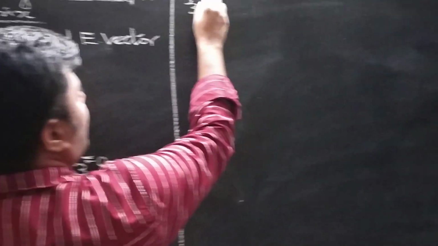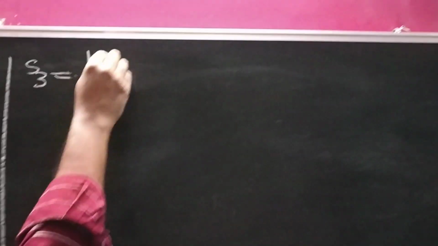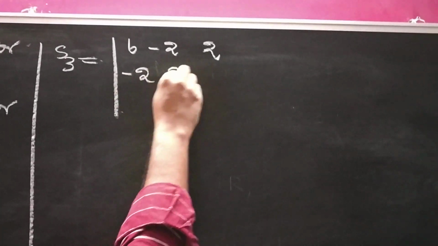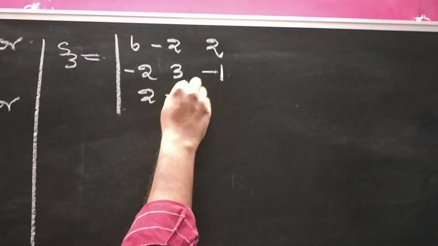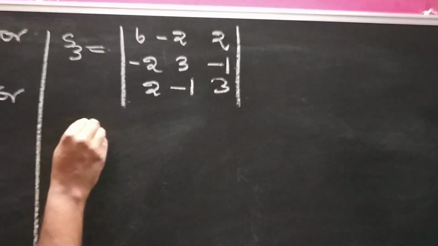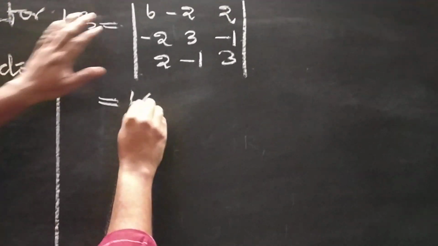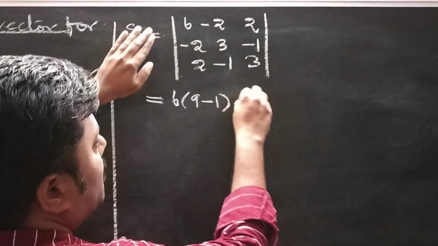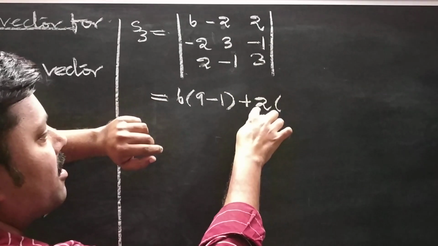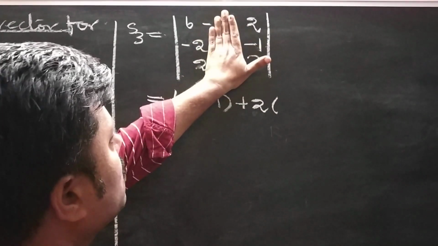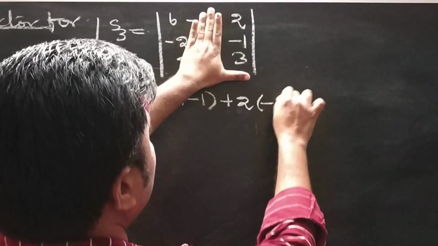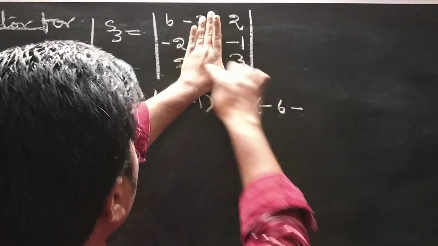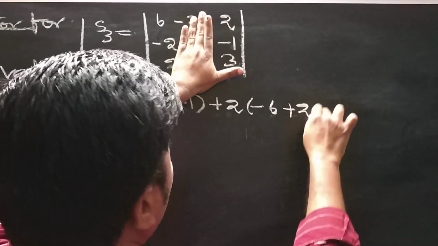S3 is the determinant of A. So the determinant of A is [6 -2 2; -2 3 -1; 2 -1 3]. Determinant expansion: 6 into (3 times 3 is 9, minus 1 into minus 1, plus 1), so 8. Then plus 2, here it is minus 2, so I am writing plus 2 into (minus 2 into 3 is minus 6, minus 2 into minus 1 is minus 2, so plus 2), that is minus 4.